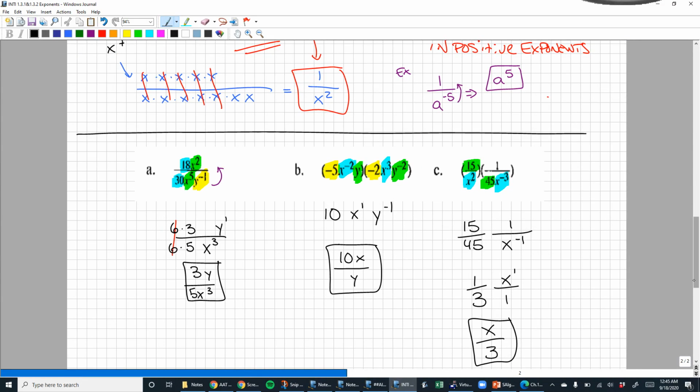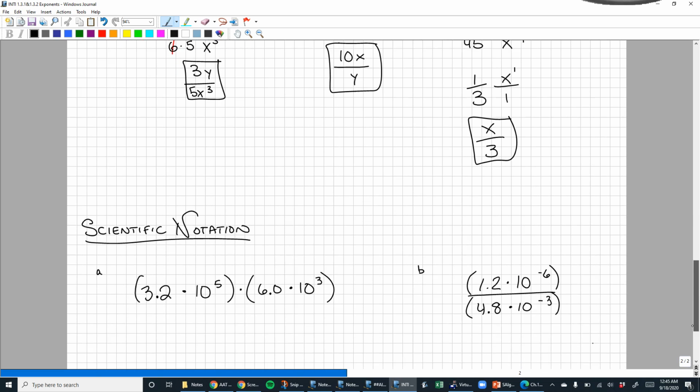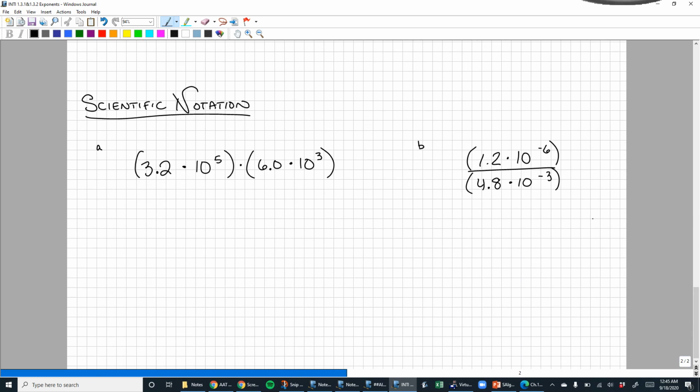All right, last thing we have here is scientific notation. In scientific notation, we always write things between 1 and 10. So if I was to write something in scientific notation, a random number like 7.3 times 10 to the power of 6, that'd be totally great.